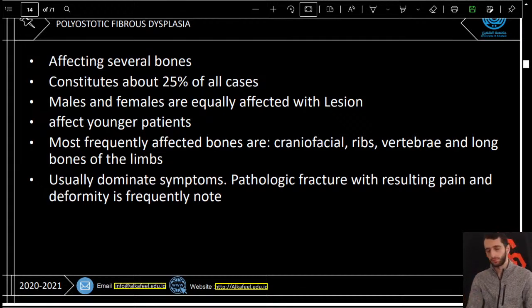This one affects females more than males, causing pain and deformity of the bone, unfortunately. And we'll see some pictures showing these deformities.